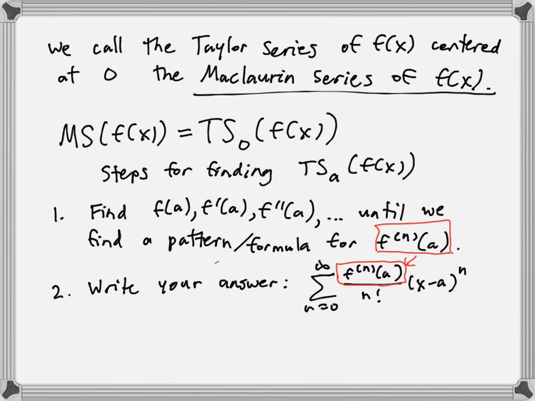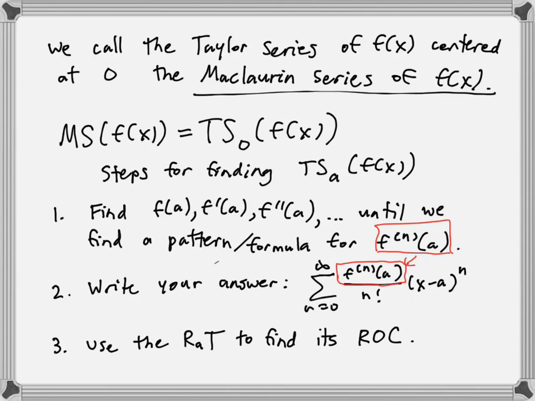And if the problem asks you to find the Taylor or Maclaurin series, and it also asks you to find the radius of convergence, you can, just like we learned in previous sections, use the ratio test to find its radius of convergence. Okay?